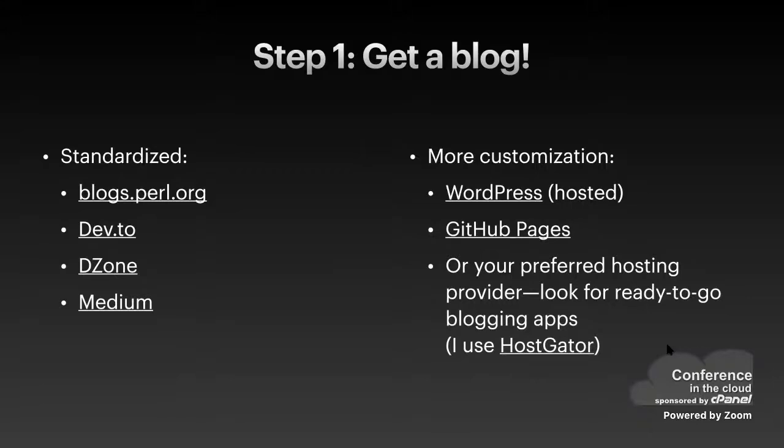And also, I'll point out GitHub Pages is for static, non-database backed sites, and tends to require a bit more setup, including generator software. So again, if you like fiddling with things, go with the stuff on the right-hand column. If you just want to get writing, go with the stuff on the left-hand column.